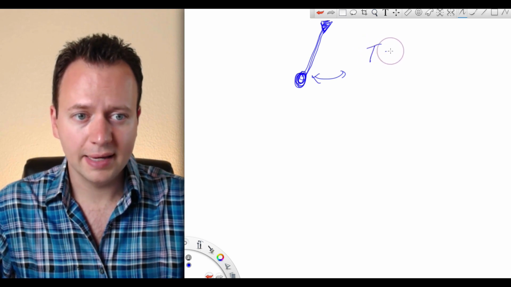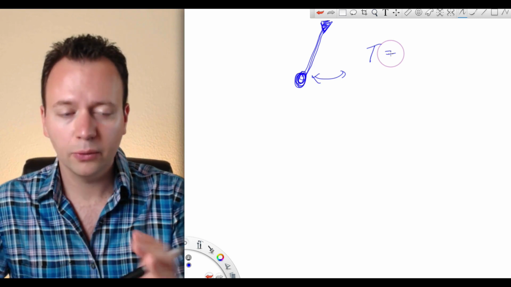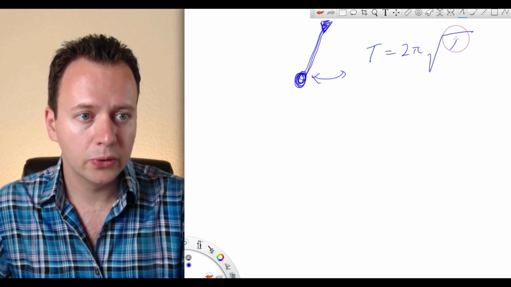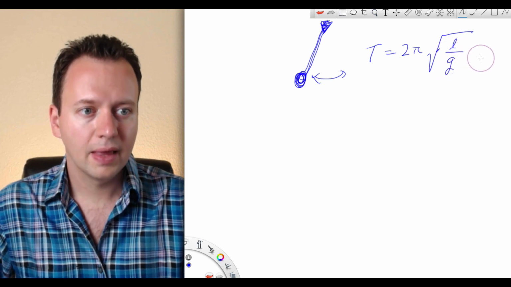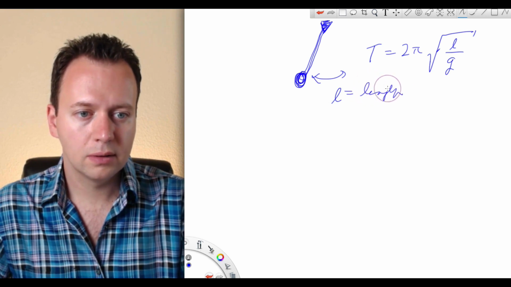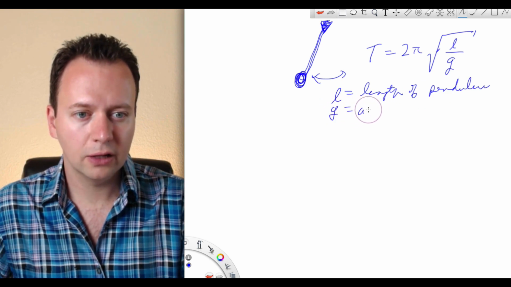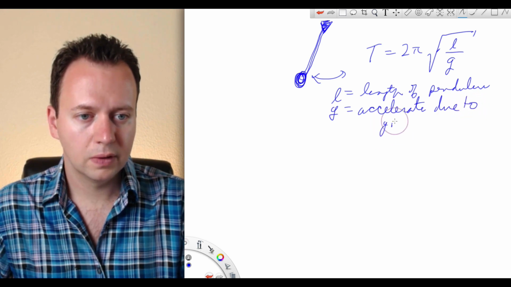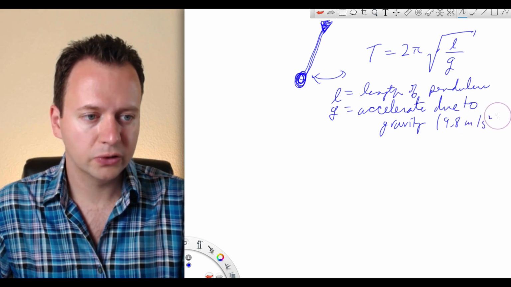The period T, the amount of time for it to go back and forth to do one complete revolution, is given by 2 pi times the square root of L over G, where L is the length of the pendulum, and G is acceleration due to gravity. On Earth, that's 9.8 meters per second squared at sea level.